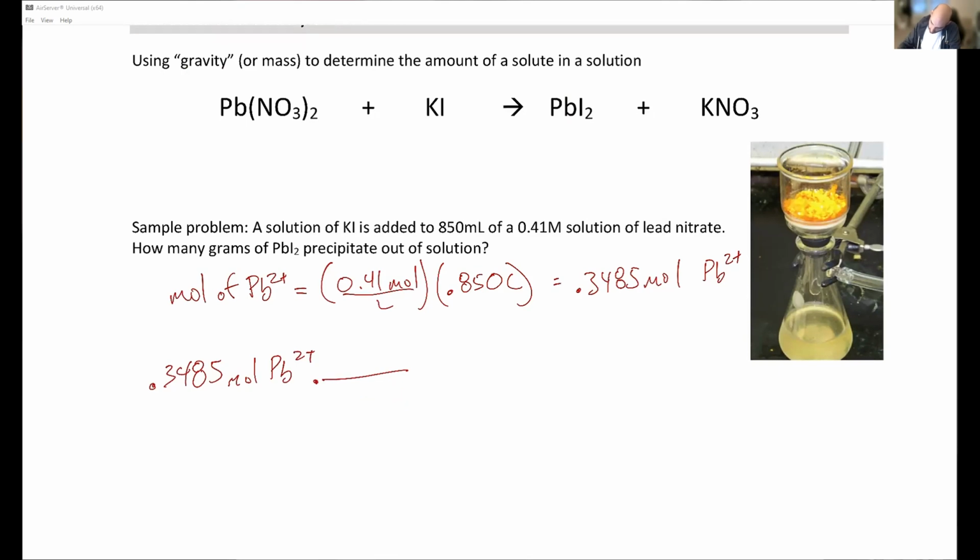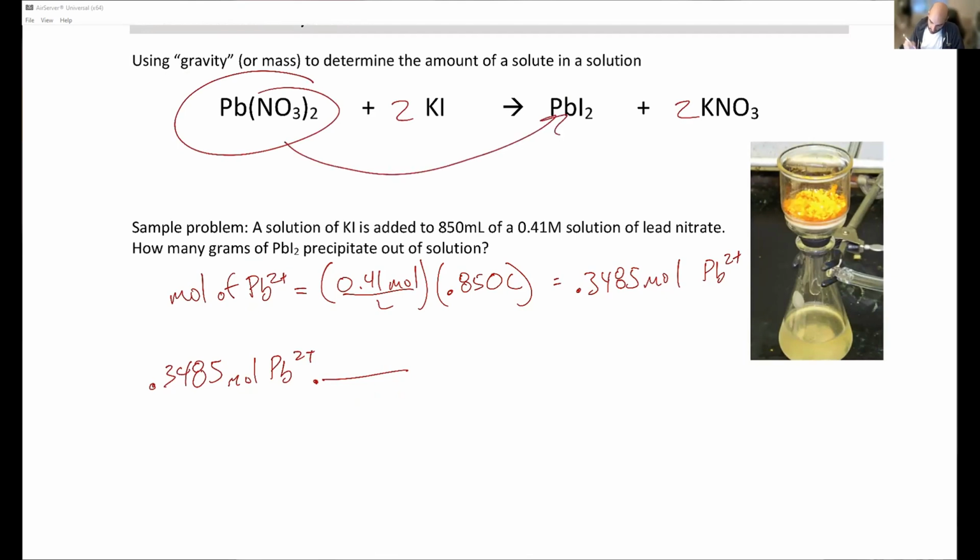If I know how many moles of lead, I know that for every 1 mole of lead I'm going to get 1 mole of lead iodide, right? Because this is 2 and this is 2. So for every 1 of these, I should end up with 1 of these.